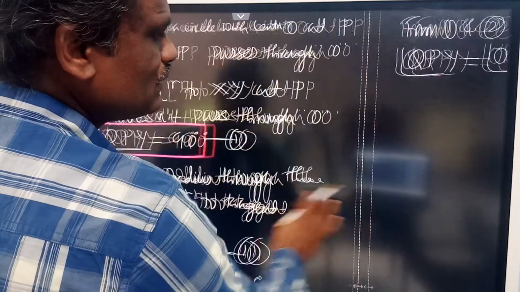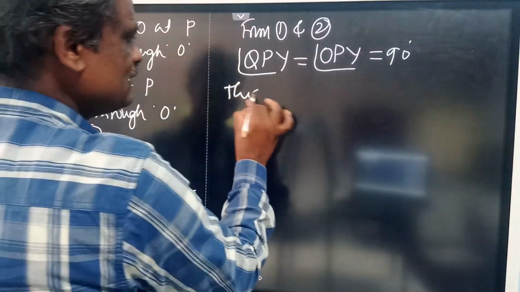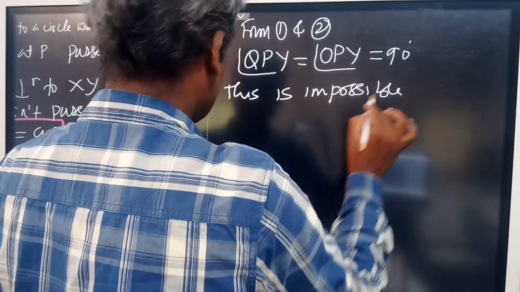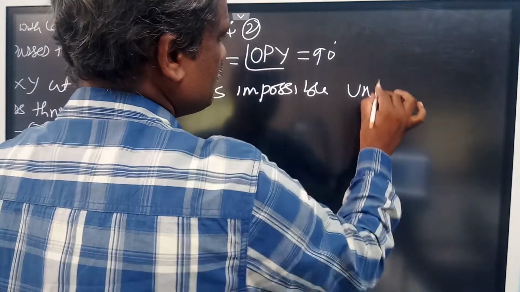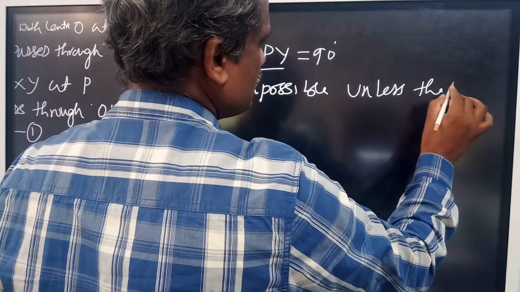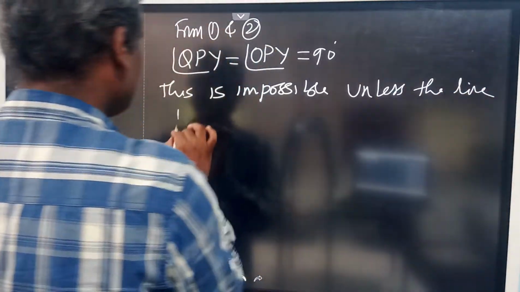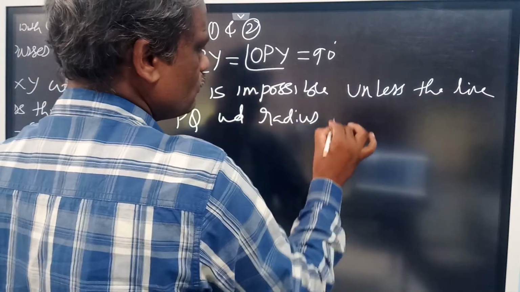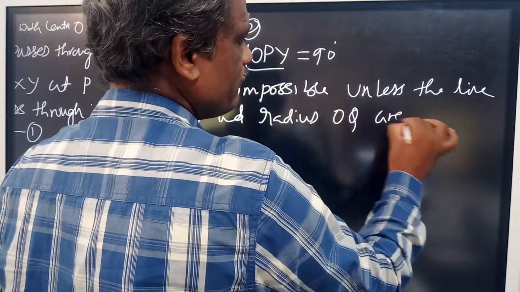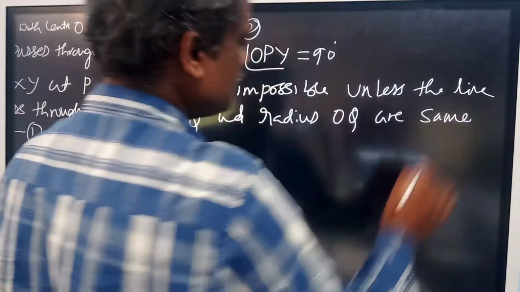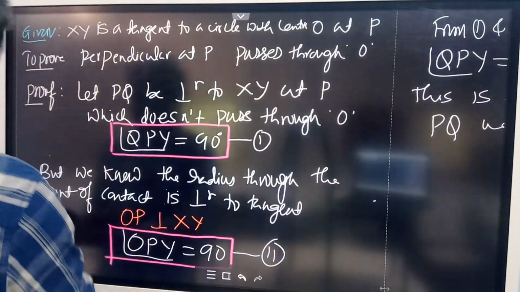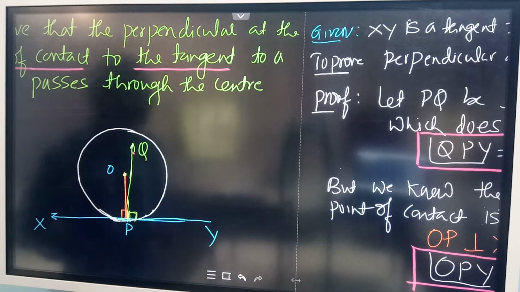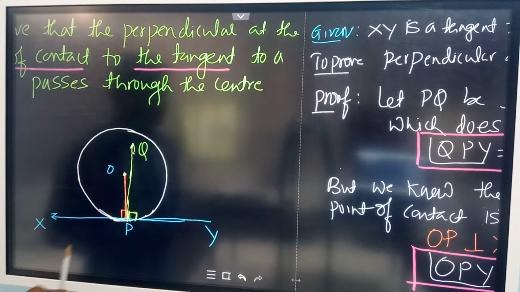So this is impossible unless the line PQ and radius OQ are the same. This is not at all possible unless these two coincide with each other. PQ and OQ must coincide, then only it is possible.